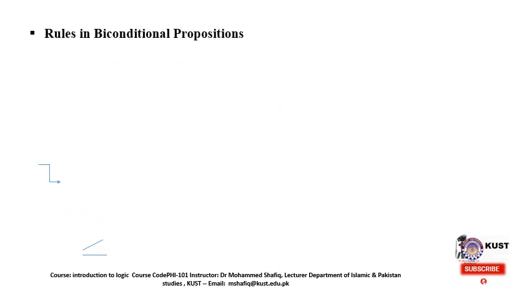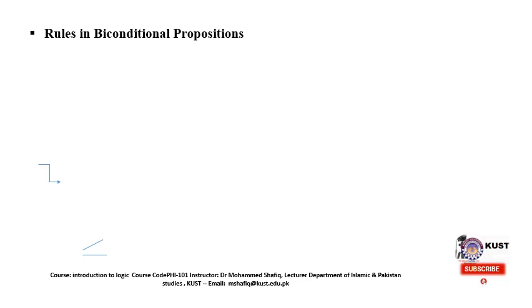So now let us have a look at what the rules are in a biconditional proposition. Just about every theorem in mathematics or logic takes on the form "if, then," the conditional, or "iff," short for "if and only if" with a double F. It is the biconditional.